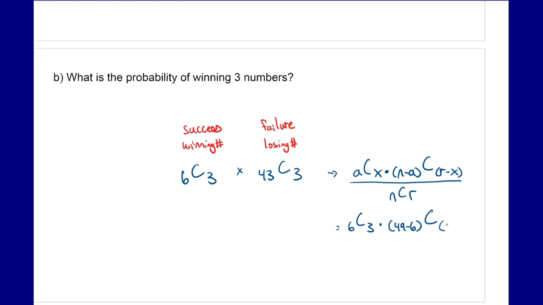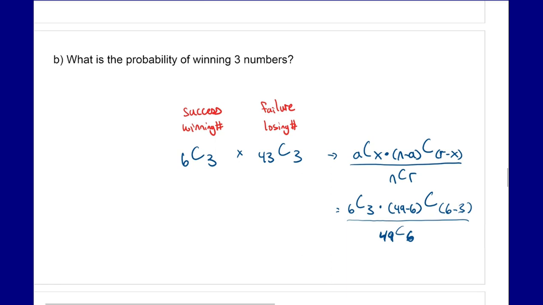And then R, the number of trials, so 6 minus the 3. So 6 numbers in total that we're selecting, minus the 3 successful outcomes. That's where we get the 3 losing numbers that we're choosing, all divided by 49 choose 6, the 49 total numbers, choosing 6 of them. So hopefully, again, we can see the connection between the combination questions and the hypergeometric distribution.